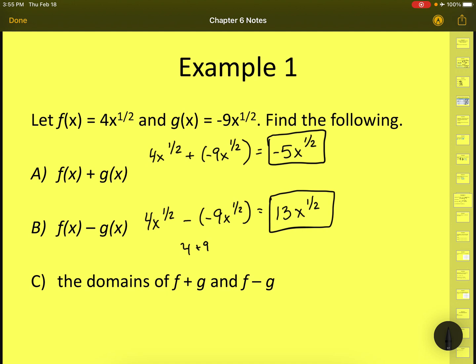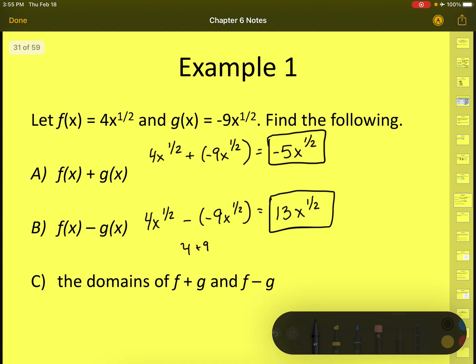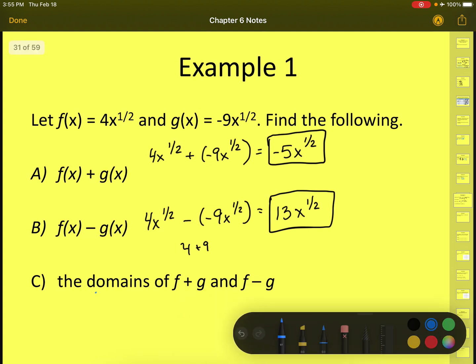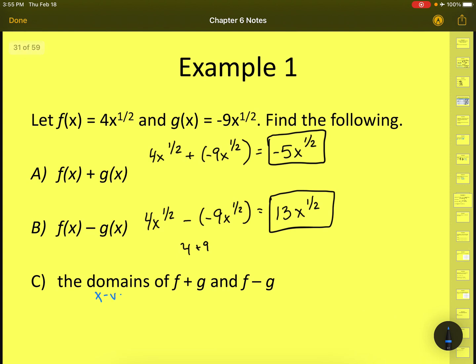Then part C says, well, the domains of f plus g and f minus g. If you think back to what the domain means, that just means what kind of x values can I plug into my f plus g and my f minus g, or what x values can I plug into the resulting function that we got when we added f and g and subtracted f and g.